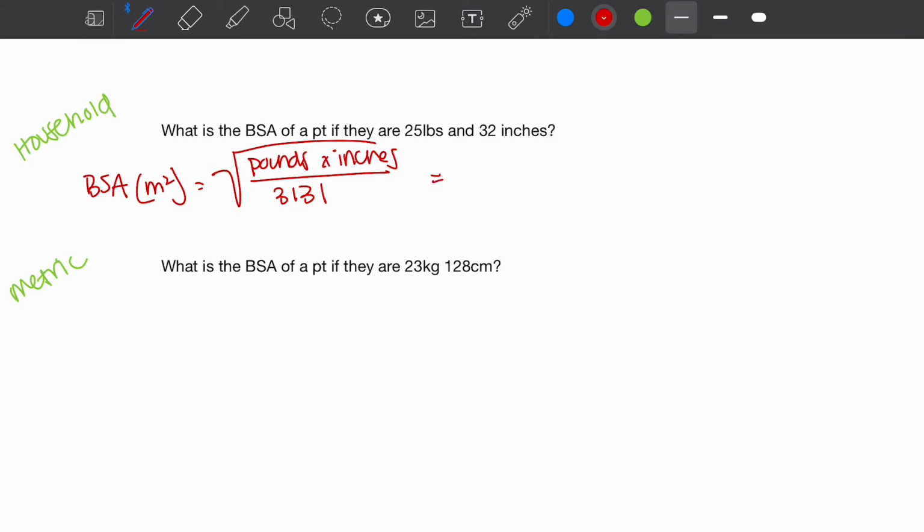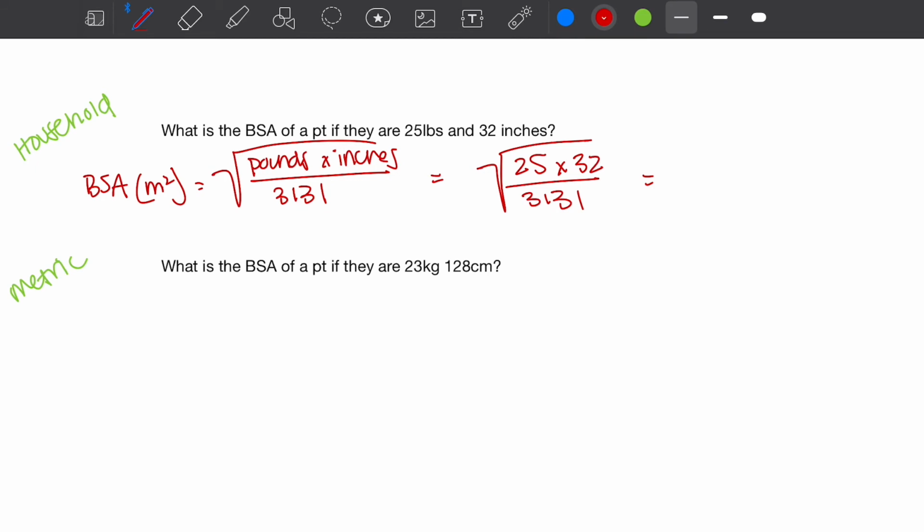So our BSA is going to equal the square root of 25 pounds times 32 inches over 3131. So there's a particular way that you should insert this into your calculator. You're going to do 25 times 32 and then hit equals. Then you're going to take that number and divide it by 3131 and hit equals.